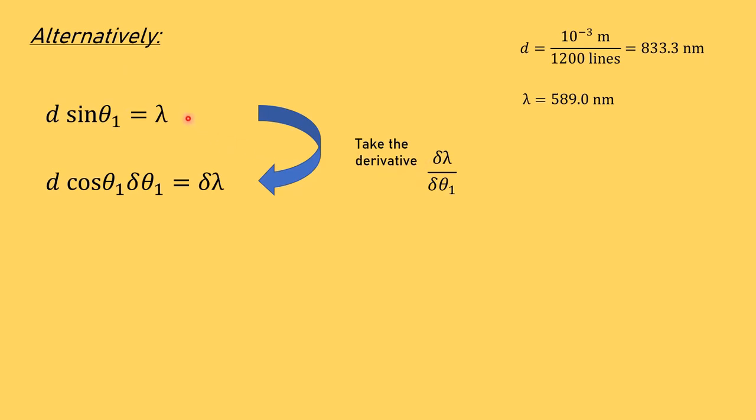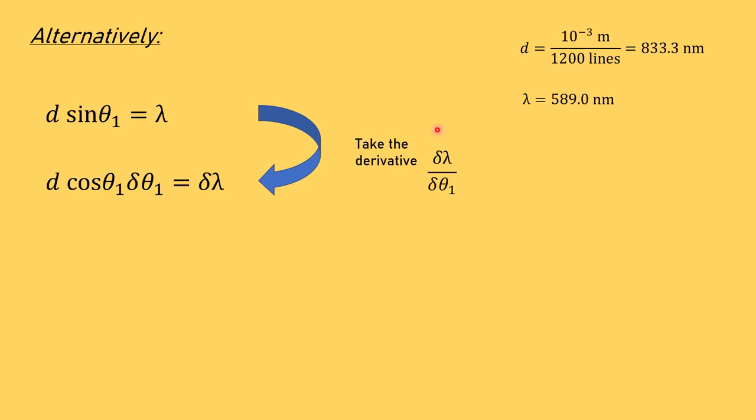So we've got this functional relationship here. And what I'm really doing is taking the derivative of lambda with respect to theta 1. But I don't want to use the conventional calculus notation, which is d lambda over d theta, because I'm already using the lowercase letter d for the slit separation, and that would be confusing. So let's go with this alternative delta notation.